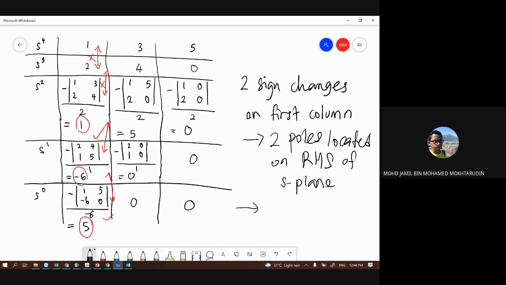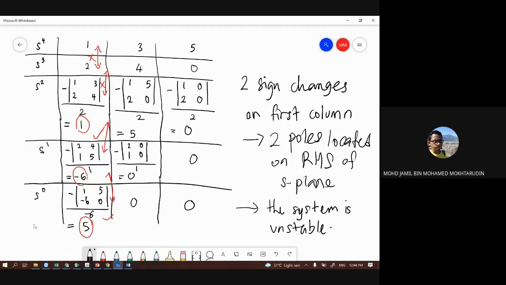When you have poles on the right-hand side of the S-plane, it means that the system is unstable. Okay, it is simple, just like that.